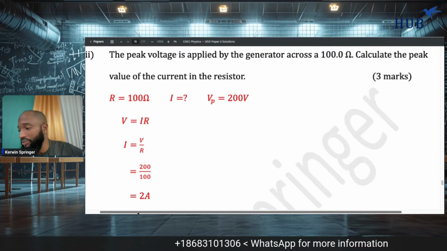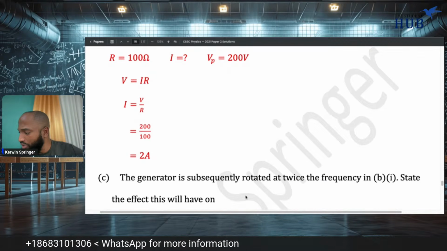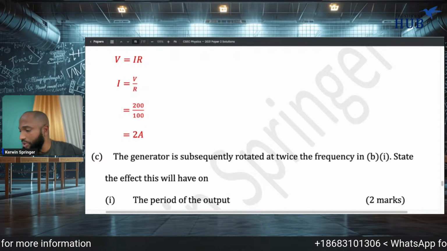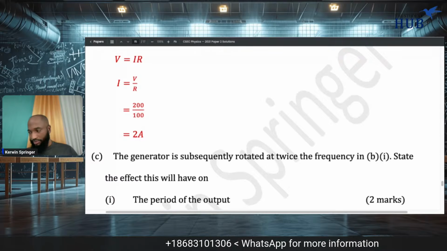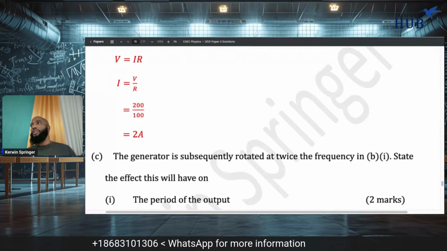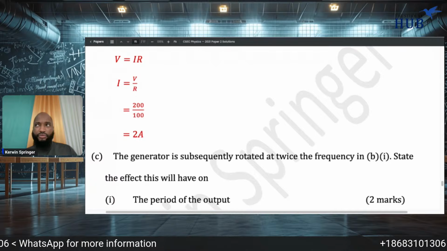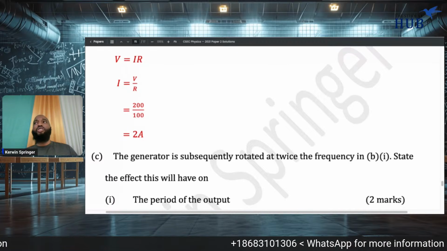That's 3 marks, right? The generator is subsequently rotated at twice the frequency. State the effect this will have on the period. So if the generator is moving faster, what would this have on the period? It's rotating twice as fast.